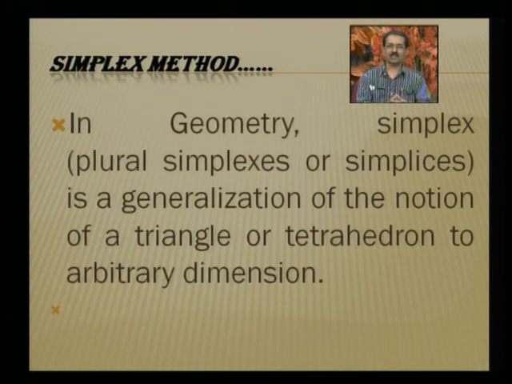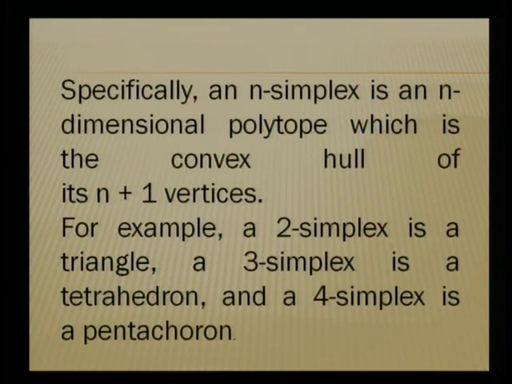Let us see, when we say it's a simplex method, what do we mean by simplex? Simplex is a word from geometry, and in geometry, simplex, whose plural is simplices or simplexes, is in fact a generalization of the notion of a triangle or tetrahedron to arbitrary dimension. An n-simplex is an n-dimensional polytope, which is the convex hull of its n plus 1 vertices.